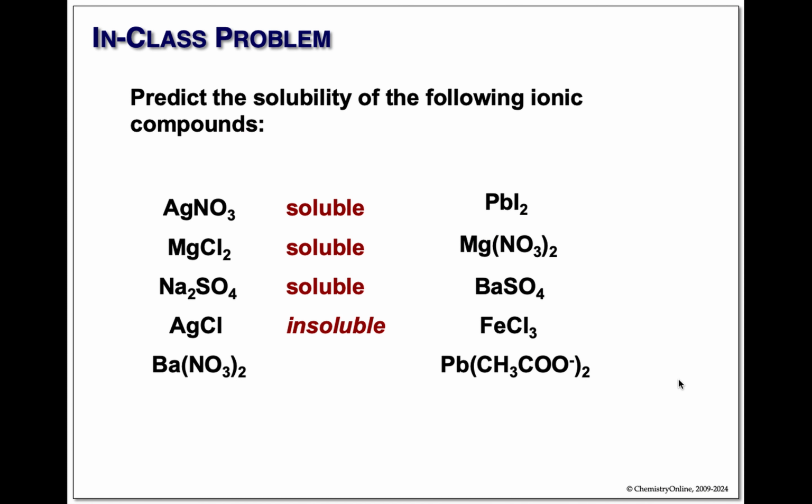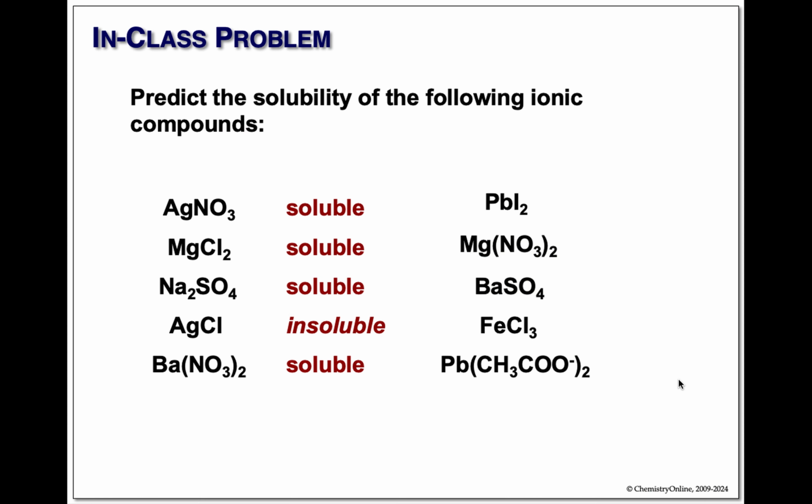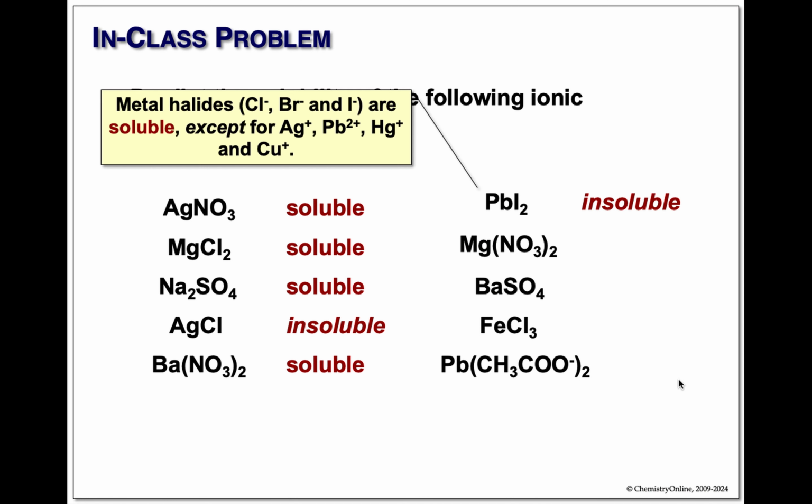All nitrates and acetates are soluble. Lead 2 iodide, we just saw that. It's a lovely shade of yellow. Most metal halides are soluble. Lead is one of those that is not. Lead, silver, mercury, copper are not.